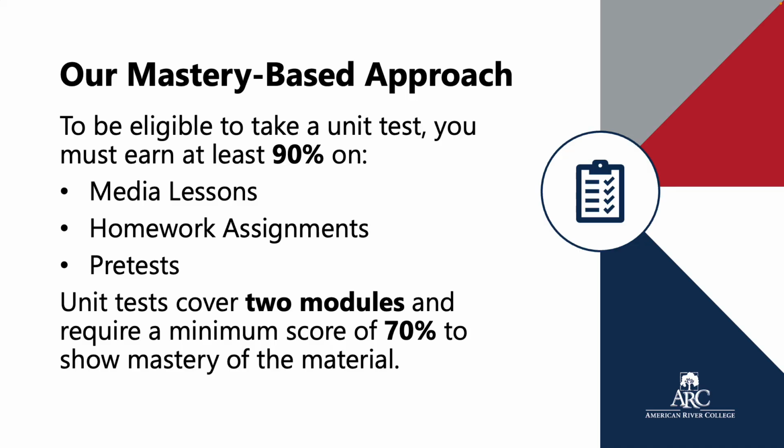Unit tests cover 2 modules and require a minimum score of 70% to show mastery of the material. This approach ensures you build a strong foundation before advancing, helping you retain concepts and succeed in later modules.